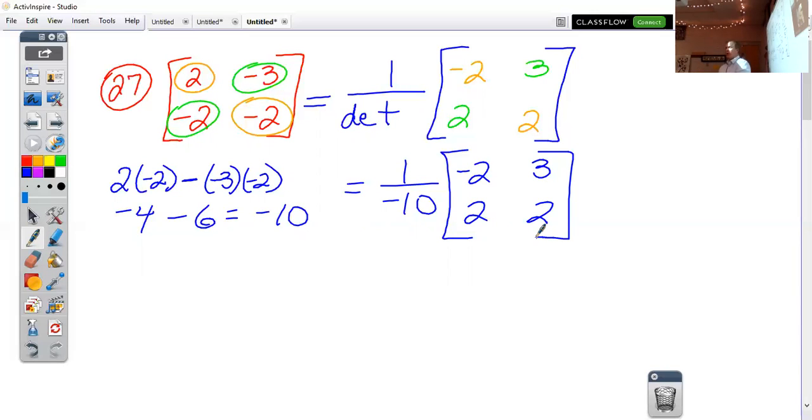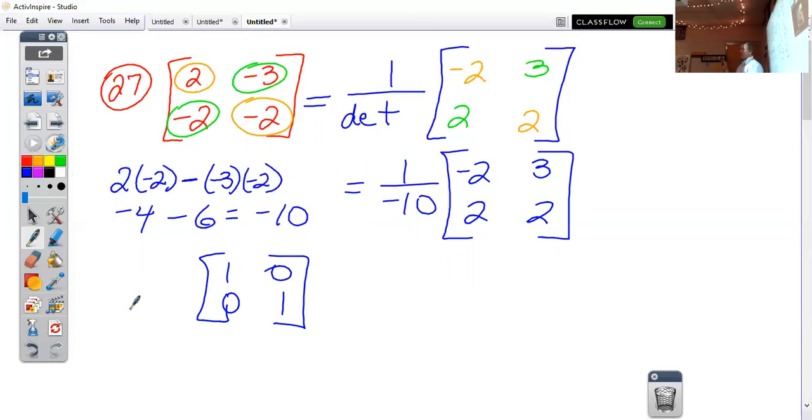You got me? So if I were to multiply this matrix by its inverse, if I were to multiply the original times its inverse, my answer would end up being 1, 0, 0, 1. Does that look familiar? That's called the identity matrix. And you've heard these before. The identity property of addition: if you add 0, 6 plus 0 is 6.